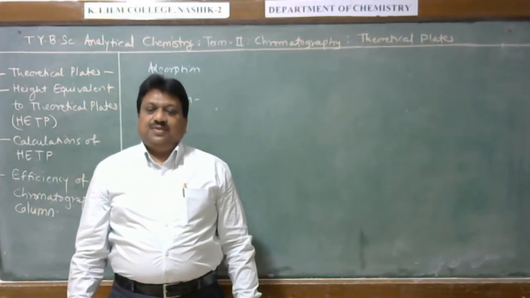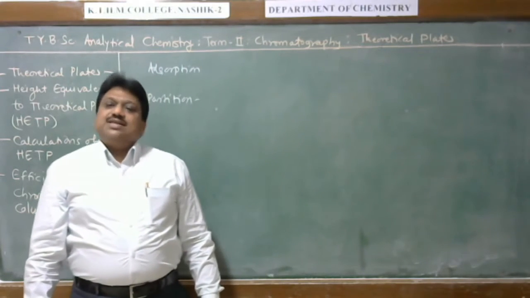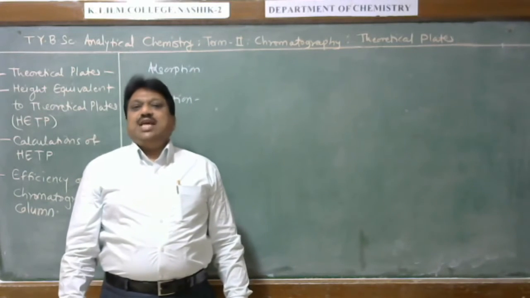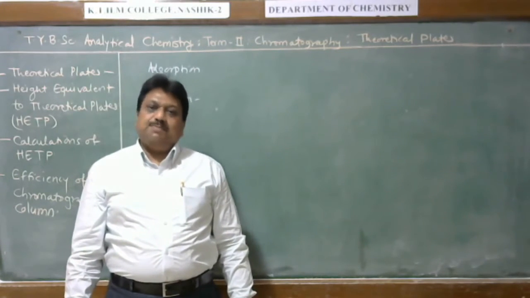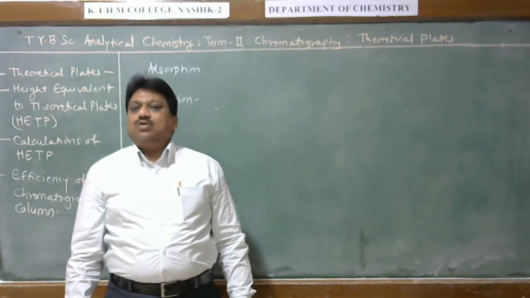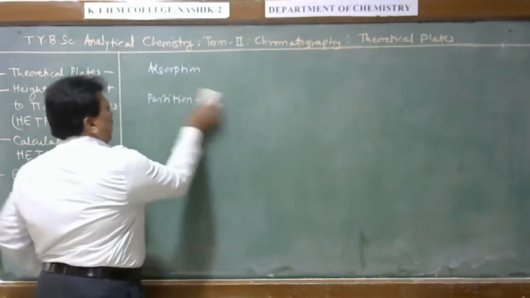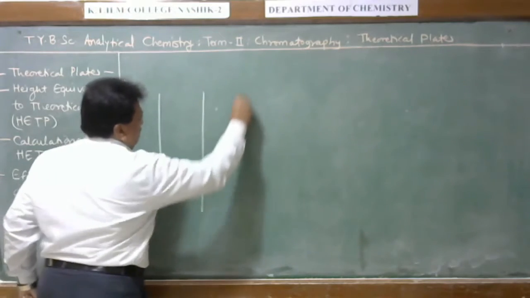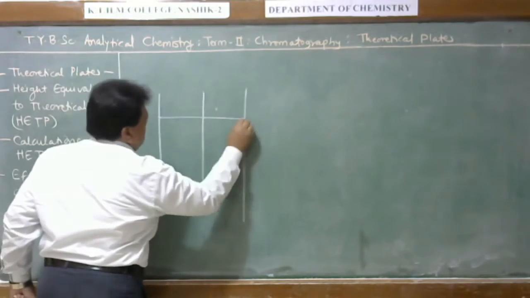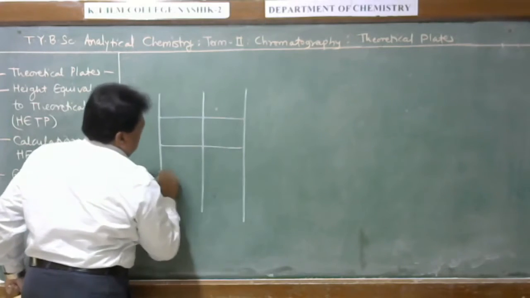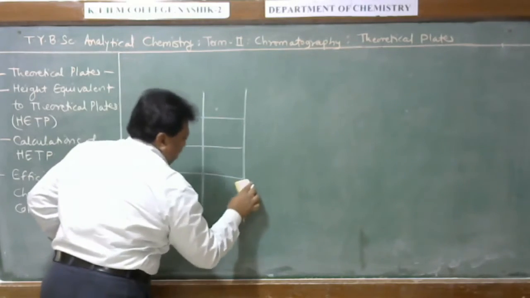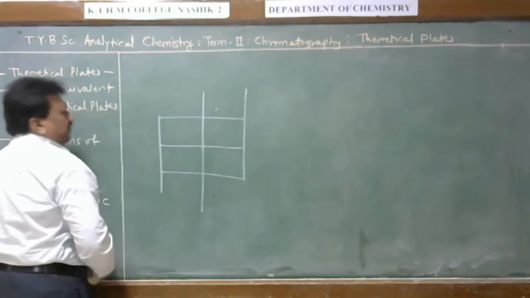Student, in the previous lecture we discussed the matchbox model. With the help of the matchbox model, we discussed the principle of liquid-liquid chromatography. In the matchbox model, we know that there are a stationary phase and a mobile phase, and the sample components are separated on the basis of their solubility.